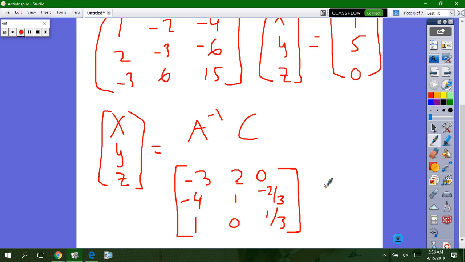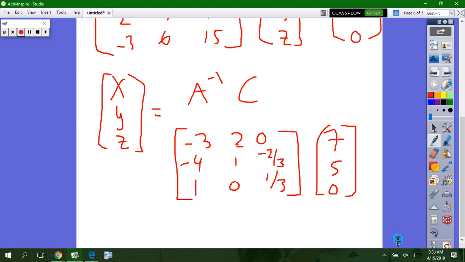And C was 7, 5, 0, right? First off, can I multiply A's inverse by C? Is it possible? I have a 3 by 3 and a 3 by 1. The innermost are the same, so I can do so.